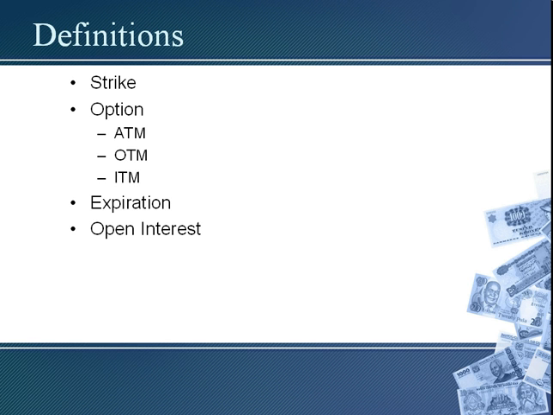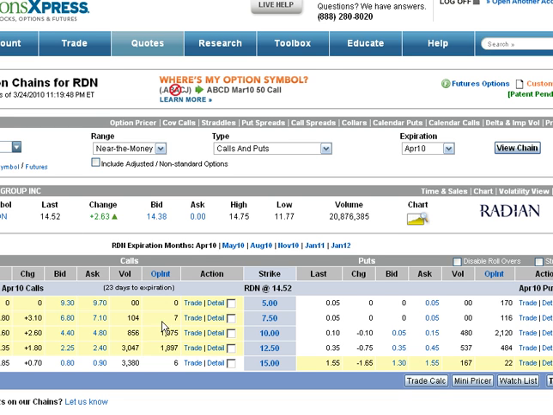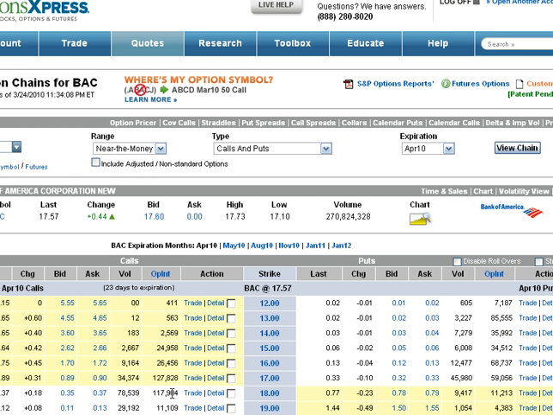So now that we're all on the same page, the two important Greeks of many, there are others, first are delta and gamma. Delta is a number between 0 and 1 that will vary depending on how the option will change according to the stock price. So let's take an example.